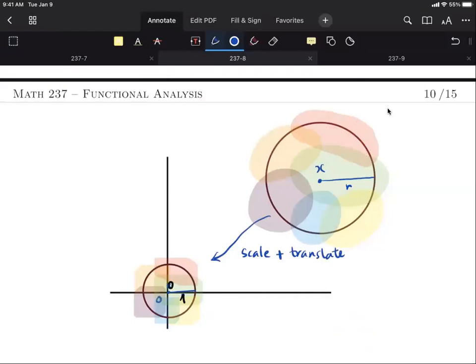So again, if you have an open covering of this ball centered at X with radius R, you translate and scale that covering, and you will have a covering of the closed unit ball. Let's say if you are in the finite dimensional case, then you can reduce the open cover to a finite subcover, and you go back, you take the inverse, okay?